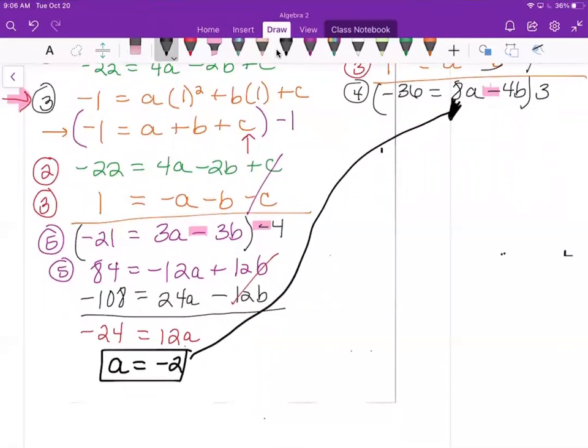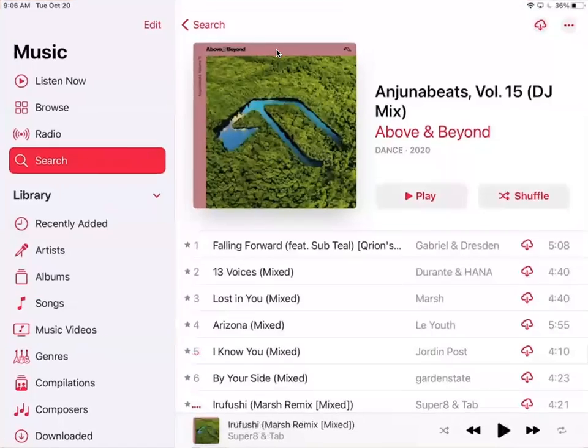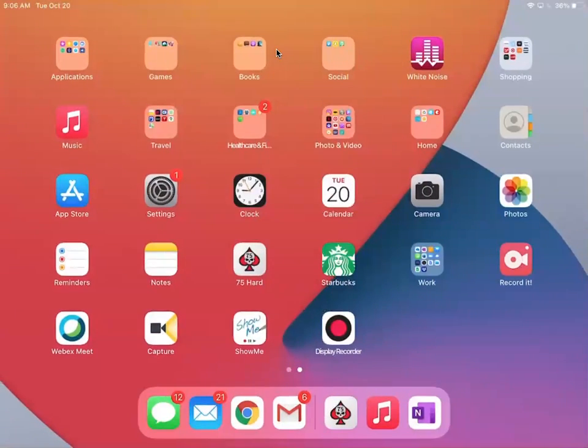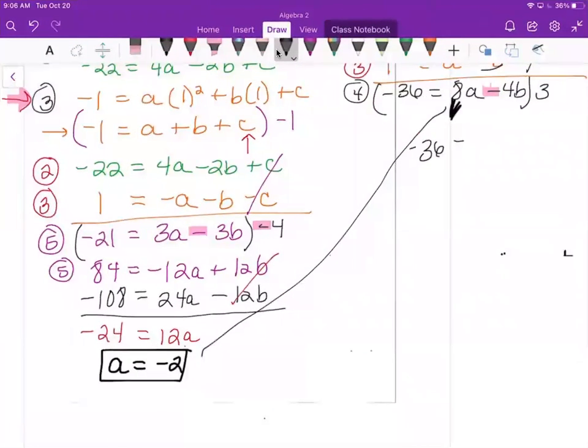So it's going to be negative 36 equals 8 times negative 2 minus 4b.